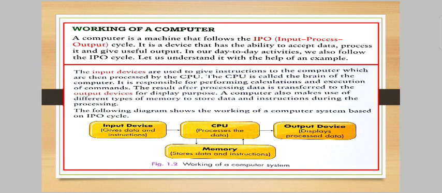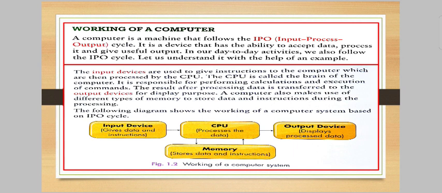The input devices are used to give instruction to the computer, which are then processed by the CPU. All the data is processed in the CPU. CPU means central processing unit, and the CPU is called the brain of the computer. It is responsible for performing calculation and execution of all commands.